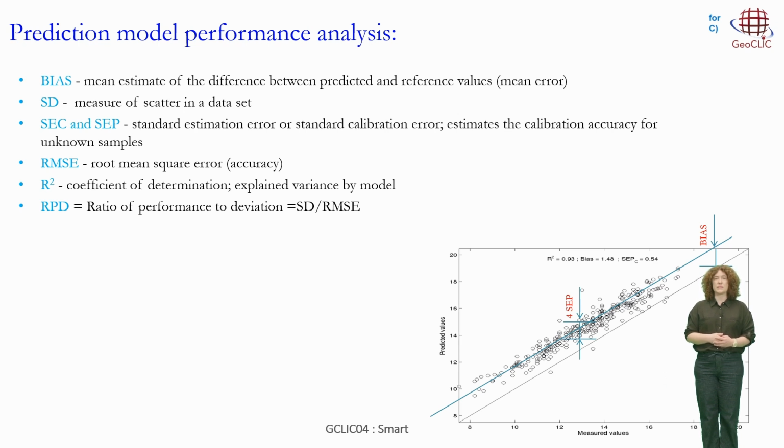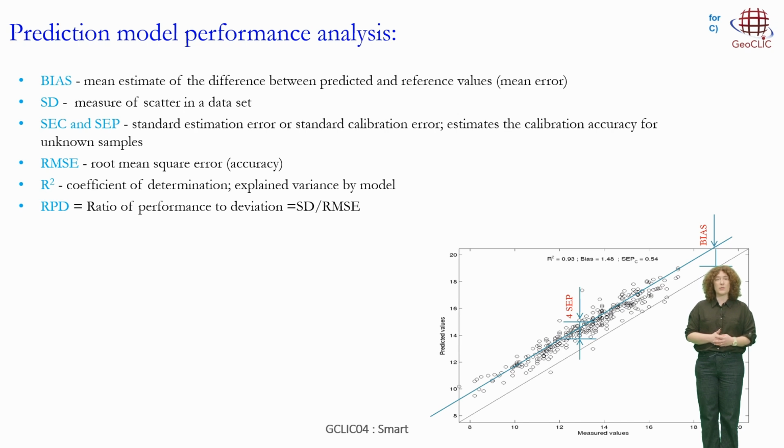We use statistical parameters like bias, which is a mean estimate of the difference between predicted and reference value, mean error, standard deviation, which is a measure of scattering of the dataset, then standard error of estimation, or standard calibration error, which estimates the calibration accuracy for unknown samples, standard error of prediction, which is the accuracy of that prediction, root mean square error as a measure of accuracy, and coefficient of determination as explained variance by the model.